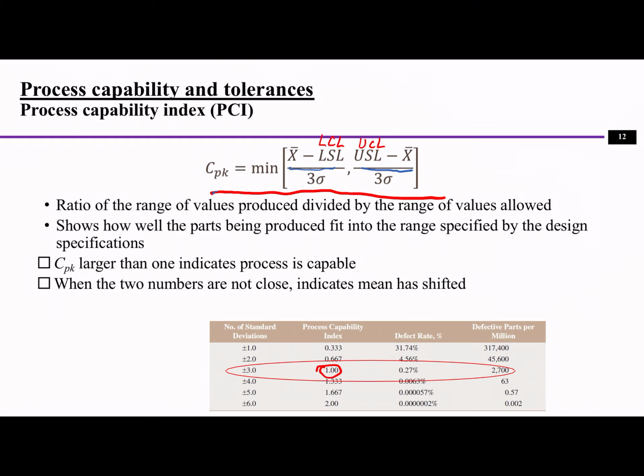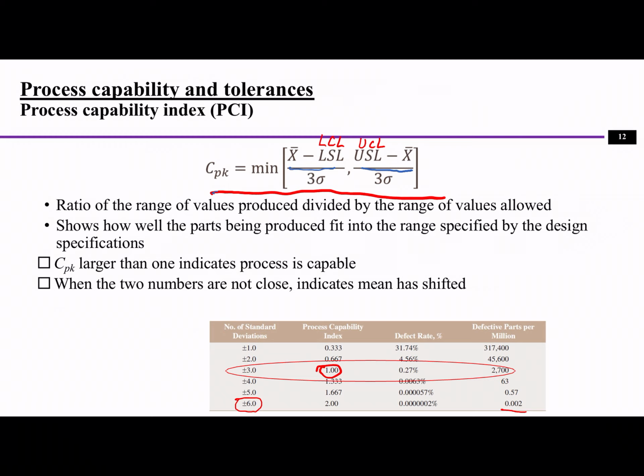Then someone may be curious, okay, what about 6 sigma? We heard a lot about 6 sigma. 6 sigma is actually 0.002 defects per million units, right? If we make 1 million parts, it's 0.002 parts that have a defect. And the defect rate will be 0.0000002%, the chance that you have a defect.